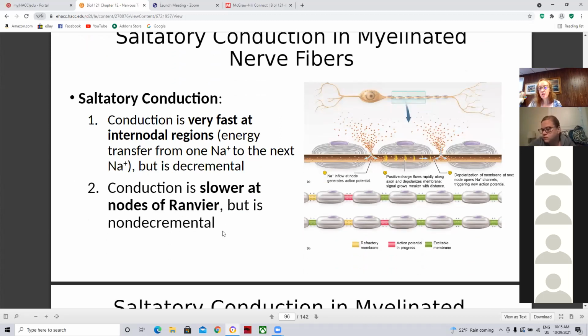So saltatory conduction is going to move very fast at the internodal regions. Conduction is slower at the nodes of Ranvier, but it's non-decremental.